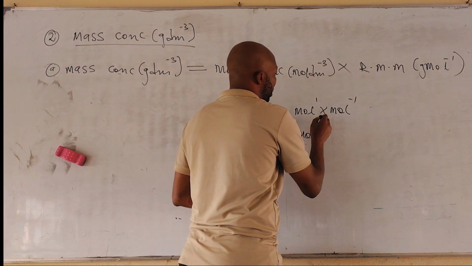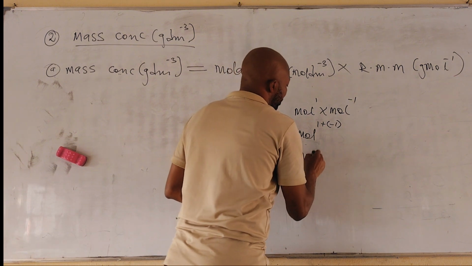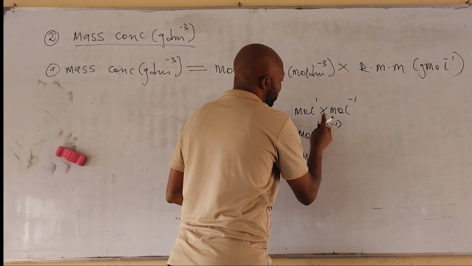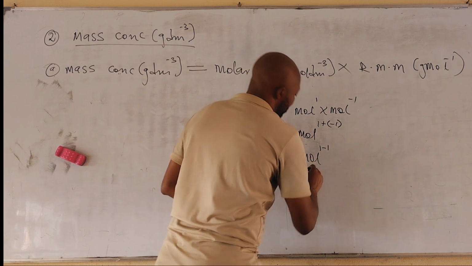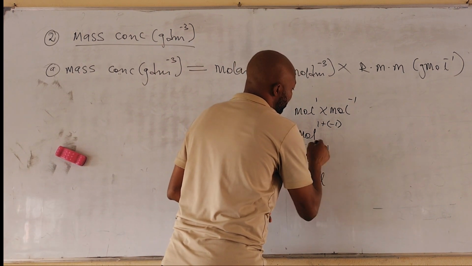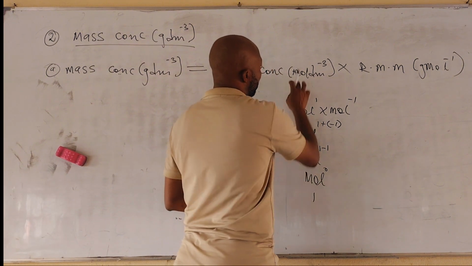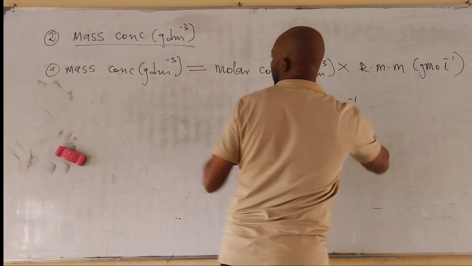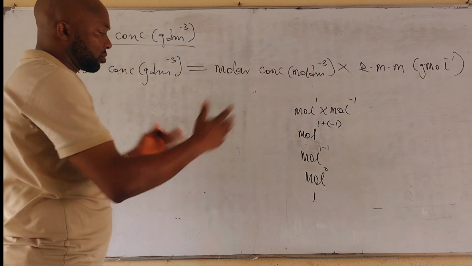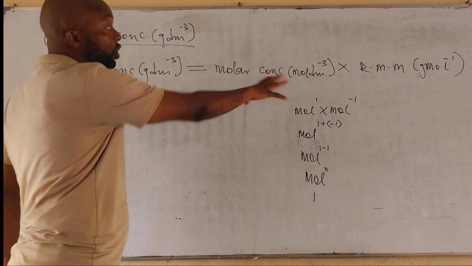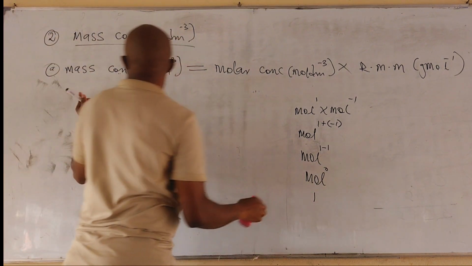Mole raised to the power 1 plus minus 1 gives mole raised to the power 0. Anything raised to the power 0 is 1. Then 1 times g/dm³ gives you your g/dm³. So this is another way you can confirm you are right from the units. So we have our first formula for mass concentration.